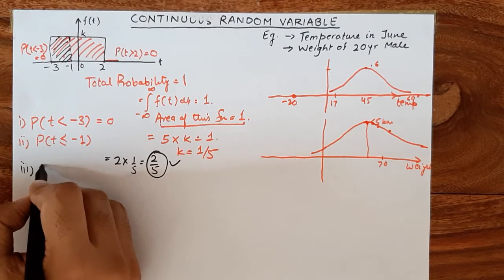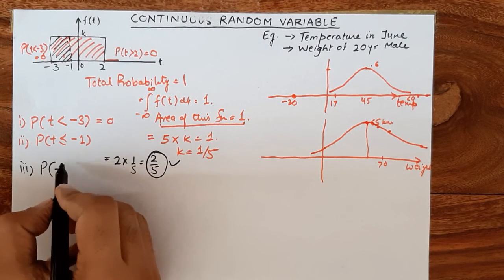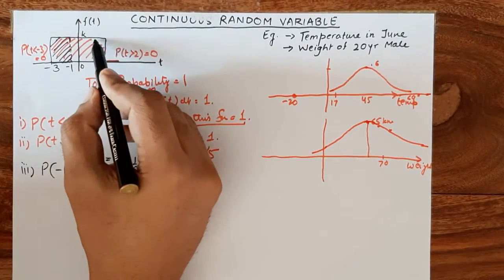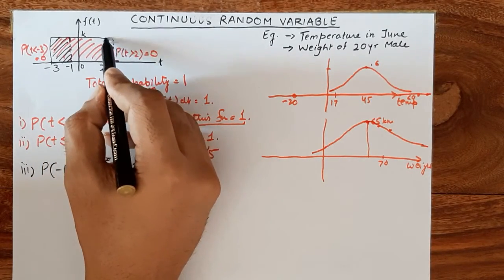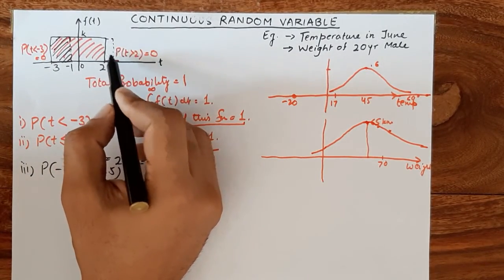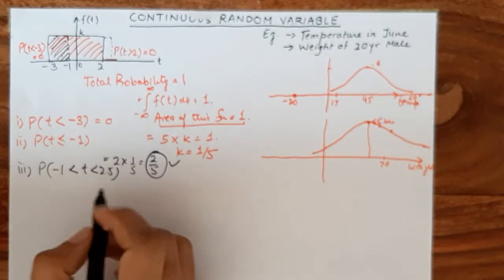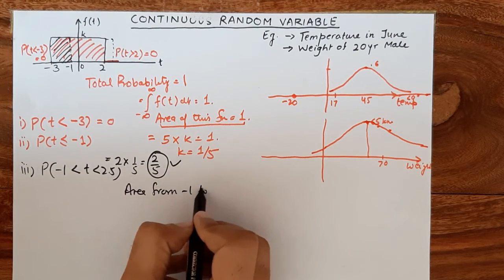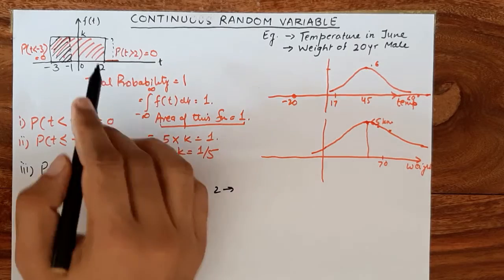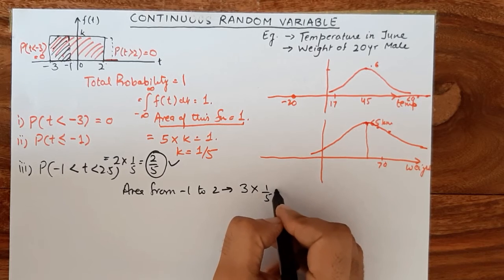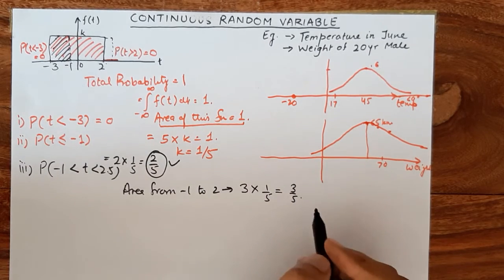Then maybe you could get a question where you need to find the probability between -1 and 2.5. From -1 to 2.5, you need to find the probability, but you know that the area beyond 2 is 0, so you'll only find it till 2. The area from -1 to 2 is a total length of 3 into 1 by 5, which is k, so this is going to be 3 by 5.